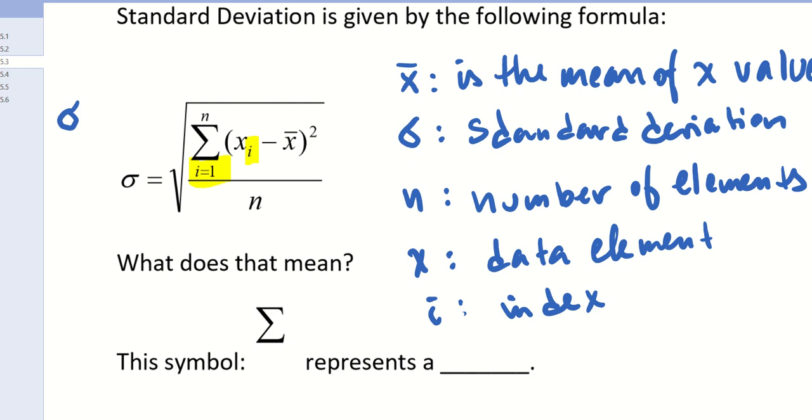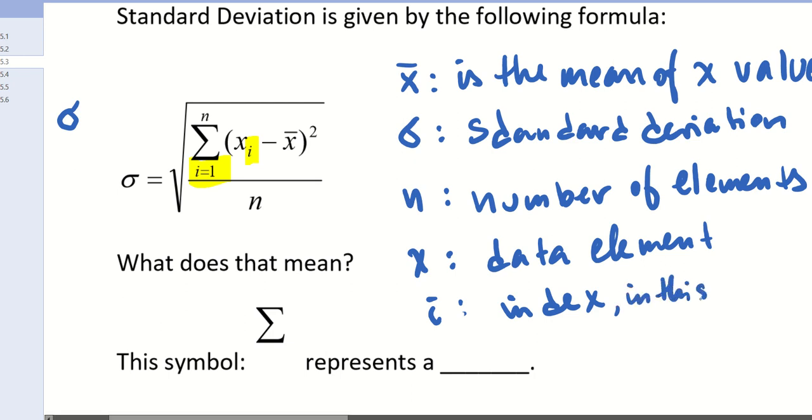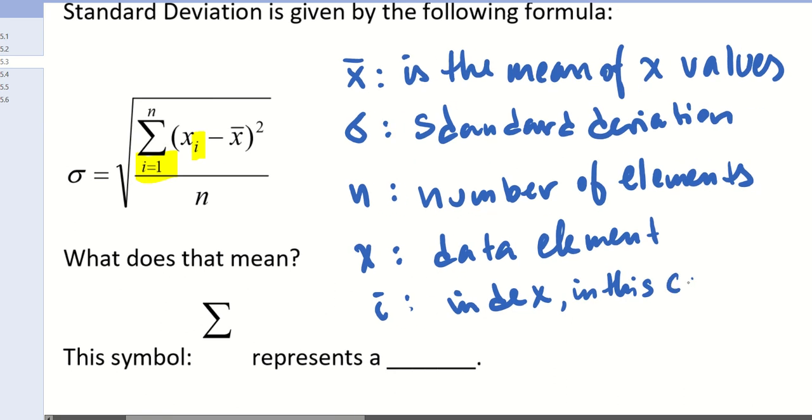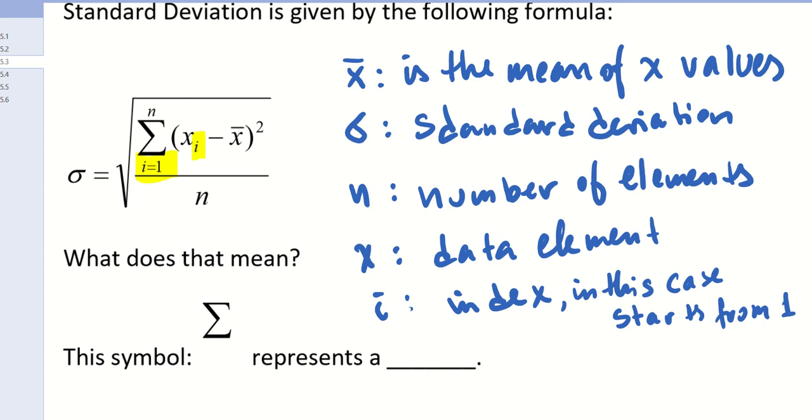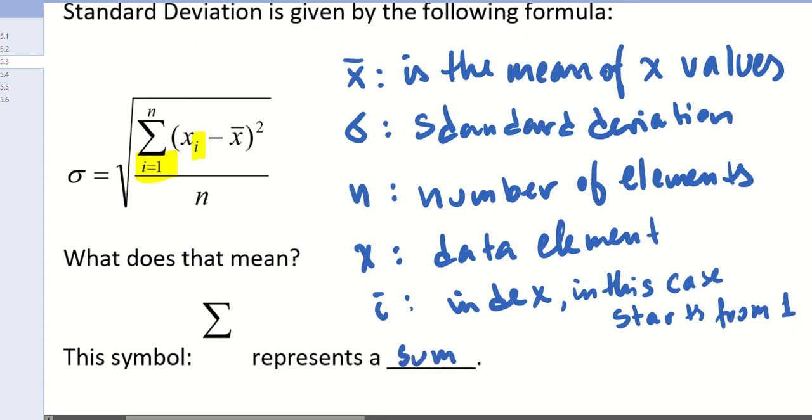So our index in this case starts from 1. We can start from 0, but normally when you start counting, you start counting from 1, 2, 3, not from 0, 1, 2, 3. Okay, and again, the uppercase sigma here represents sum of something. So the sigma is the sum. So this is also called sigma.